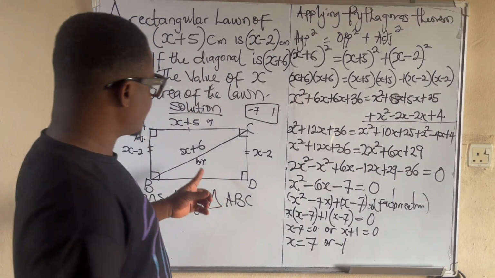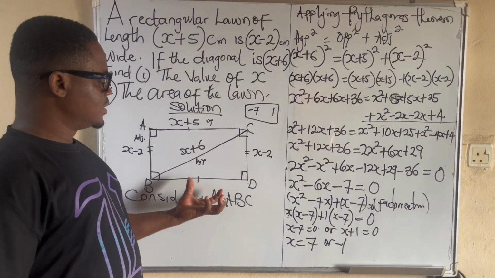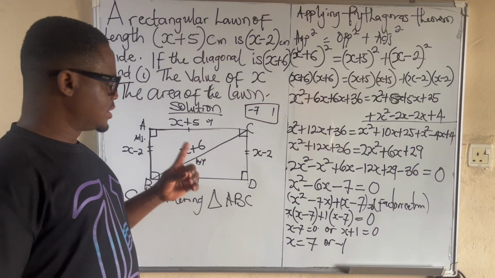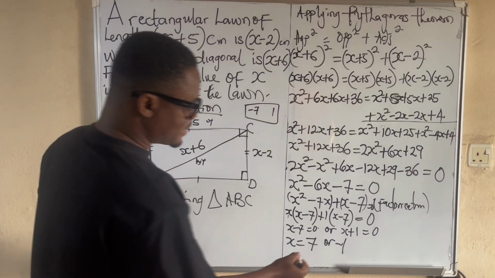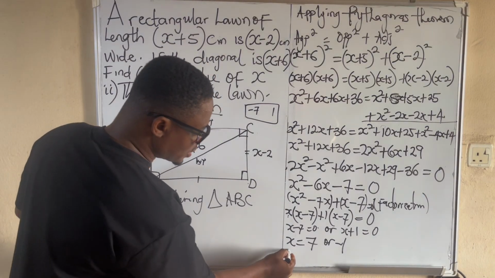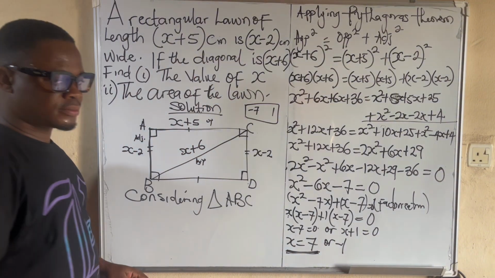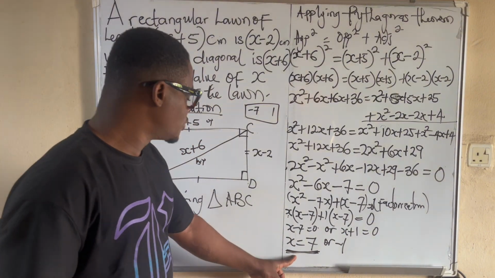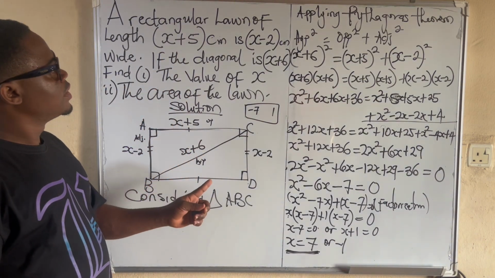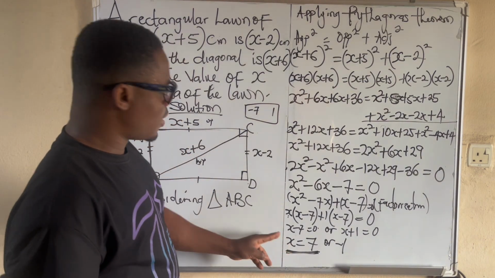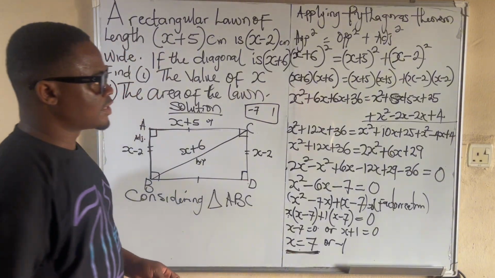For the value of x, since the length cannot be negative, the acceptable value is the positive value of x, which is 7. So this is what we are going to use to replace our variable, because the length of any shape cannot be negative. So the value of x is 7.